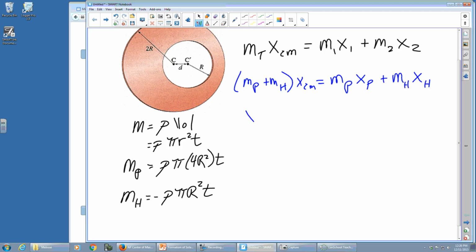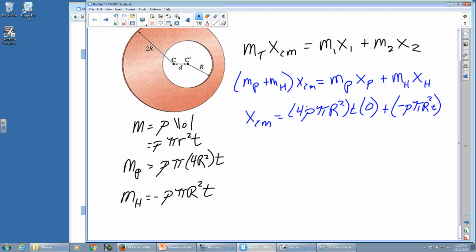So I'm going to have XCM equals the mass of my plate, which I'm just going to write more conventionally, 4 rho pi r squared t times 0, because that's the location of its center of mass, plus negative rho pi r squared t times, and I'm going to run out of room here.